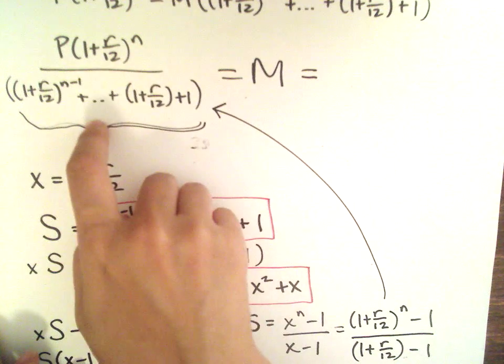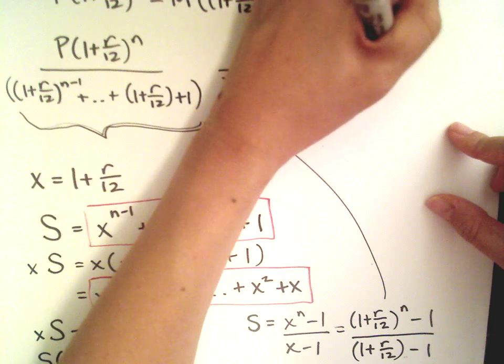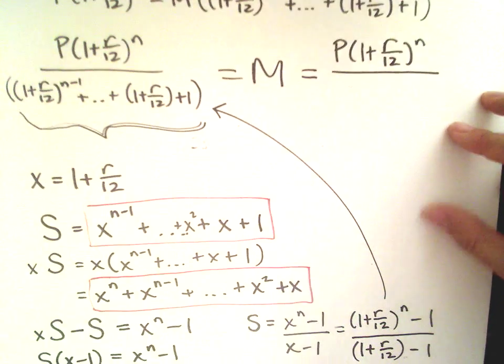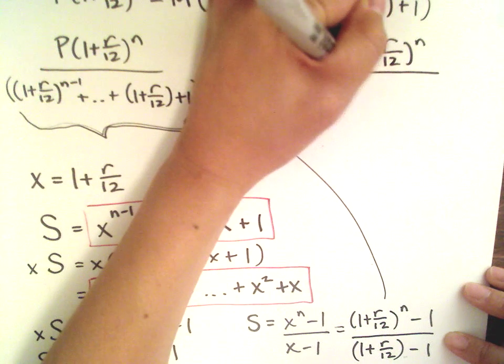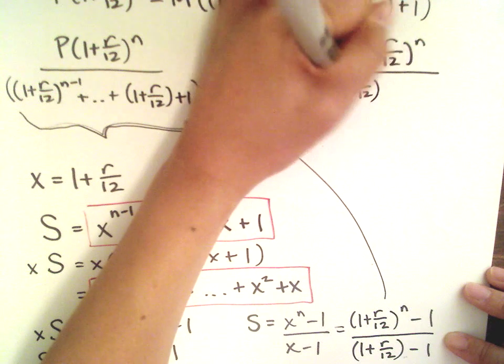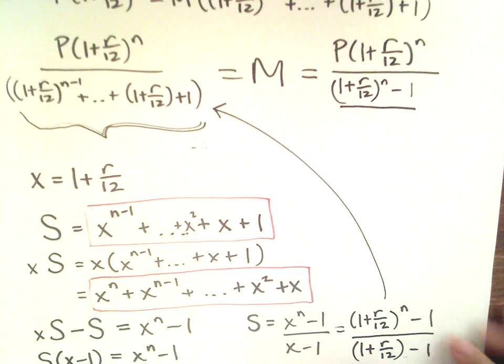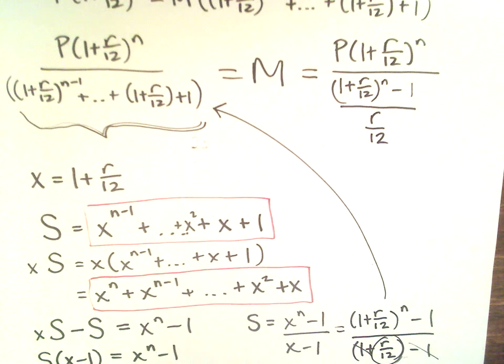So when we substitute this one in here, we are going to get p times 1 plus r over 12 to the n, and we're going to divide that by this, 1 plus r over 12 to the n minus 1 divided by, now notice what's going on here. I'm just going to simplify this a little bit down here. 1 plus r over 12 minus 1. We can take out the 1 and the minus 1, and we're just left with this r over 12. So that's what I'm going to write on the bottom here. It's just r over 12.